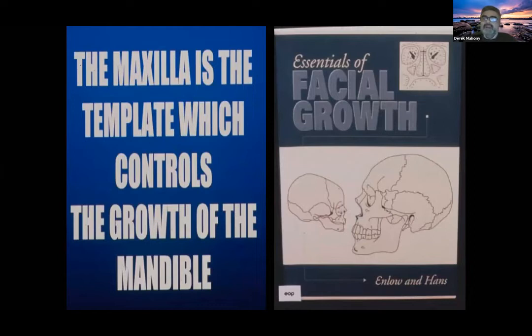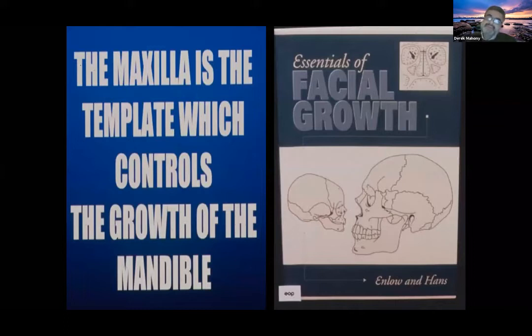And my essential textbook for my students when it comes to understanding timing of dentofacial orthopedics is this book. It's called Essentials of Facial Growth, and chapter 5 is very good, discussing maxillary growth. It talks about growth of the nasomaxillary complex and how the sutures undergo what's called intramembranous ossification. Chapter 7 talks about mandibular growth and what's called endochondral ossification.